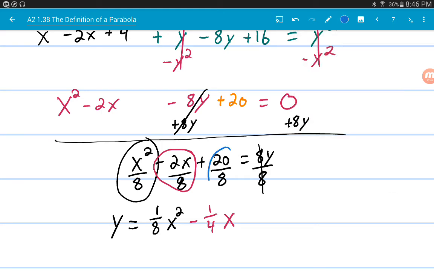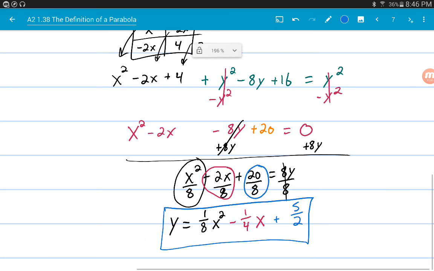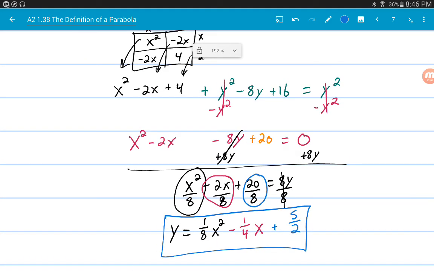Got it? And now 20 over 8 can be simplified as well. Divide them both by 4. And I get plus 5 over 2. And that's what my final answer looks like. That is the equation of the parabola that is equidistant between the x-axis and the point 2, 4.